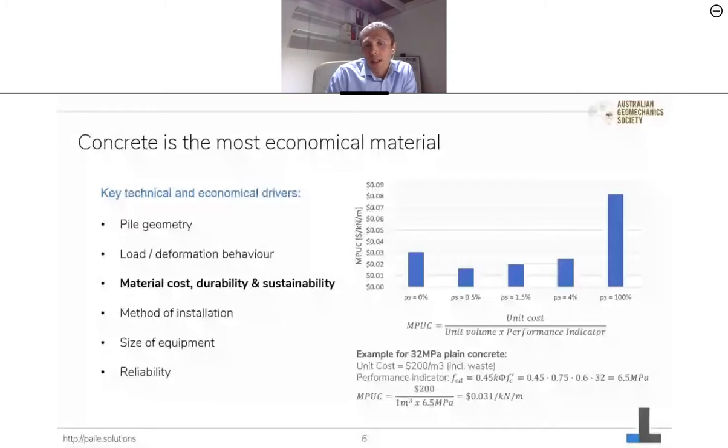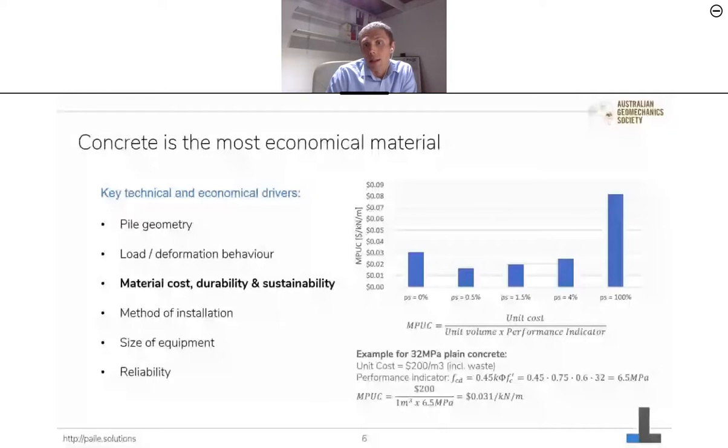But what is interesting is to see that plain concrete is twice more expensive if we look only at compressive strength. And that is because concrete is brittle, and its design capacity has to be reduced by 50% if it's unreinforced, as per codes like the AS2159, for example.